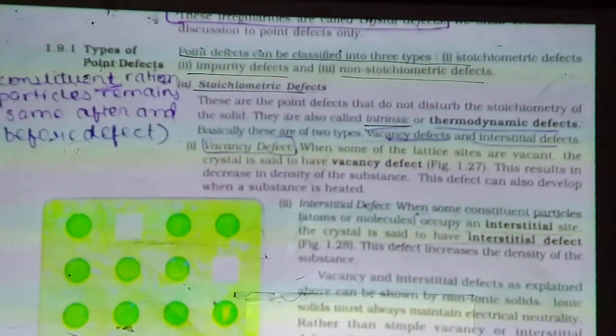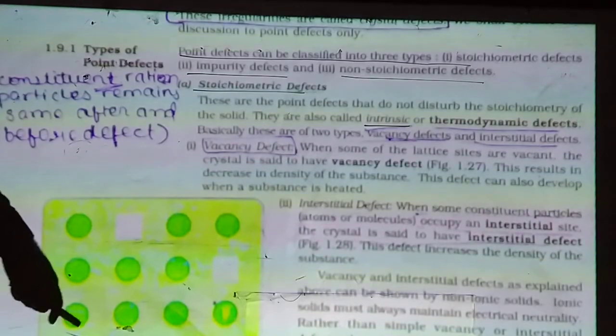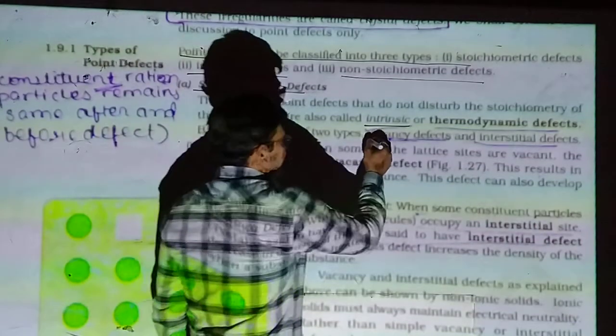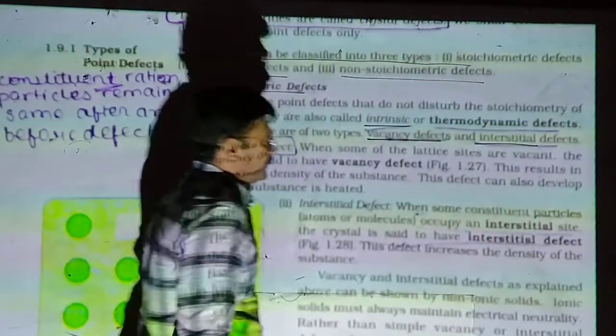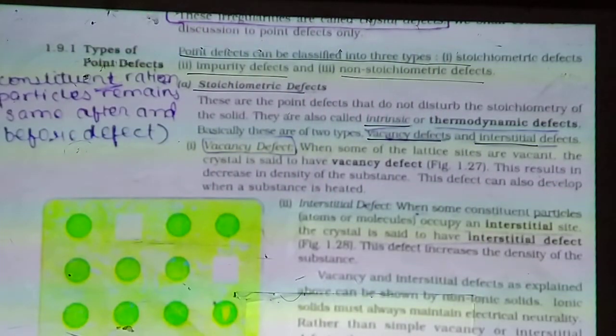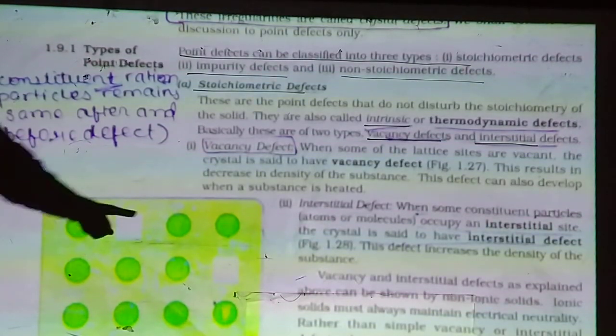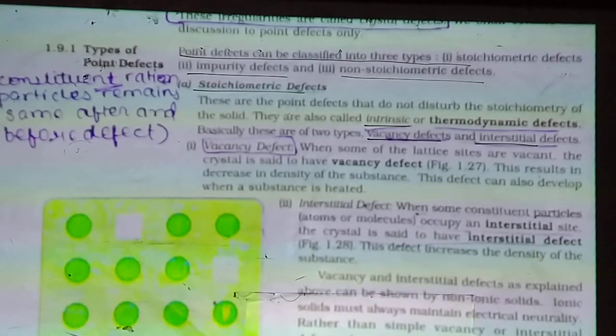Basically, these are of two types. The stoichiometric defects are of two types: vacancy defect and interstitial defect. In the point defect, there are three types. Out of them, stoichiometric has two types: vacancy and interstitial.